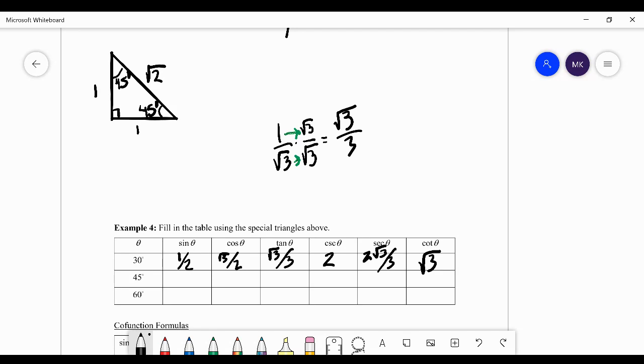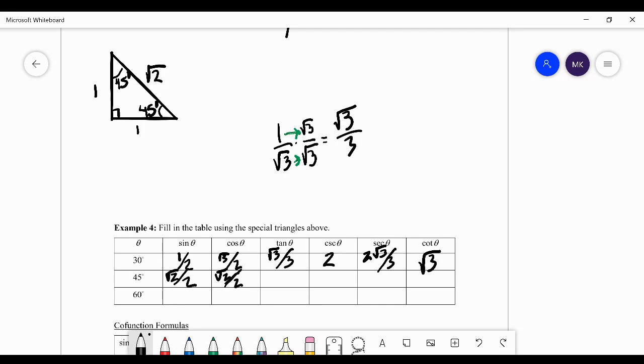Now, what's cool with the 45 is it doesn't matter which of the two angles we pick in that 45, 45, 90 triangle because they're the same thing. And so for both our sine and cosine, we end up with 1 over root 2, which rationalizes to root 2 over 2. So the cosine and sine are the same thing.